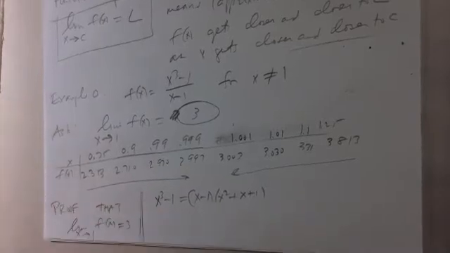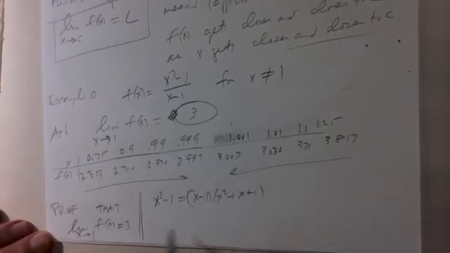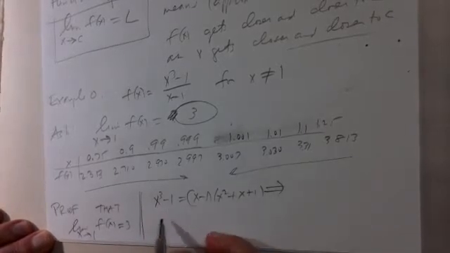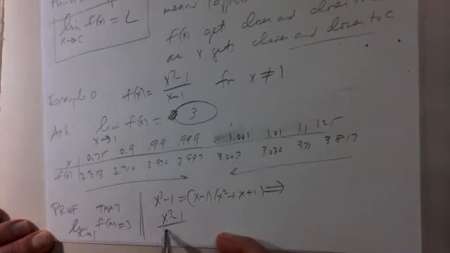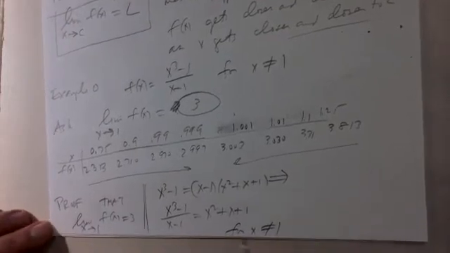Because high school algebra is a prerequisite. In high school algebra or pre-calculus, you learn to factor. So I can divide by x minus 1 for x different from 1. X cubed minus 1 over x minus 1 is x squared plus x plus 1 for x not equal to 1.